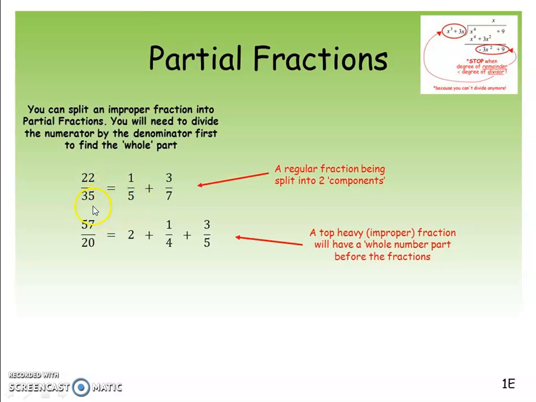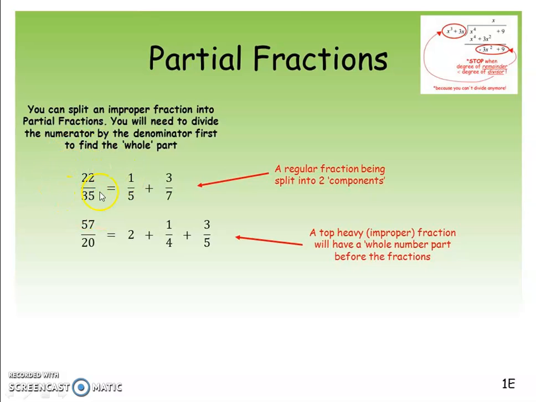How? We know that if we split this into 1 upon 5 plus 3 upon 7, and take the cross multiplication, 7 into 1 is 7, 5 into 3 is 15, 5 into 7 is 35. So 7 plus 15 gives 22 and 5 into 7 gives 35.